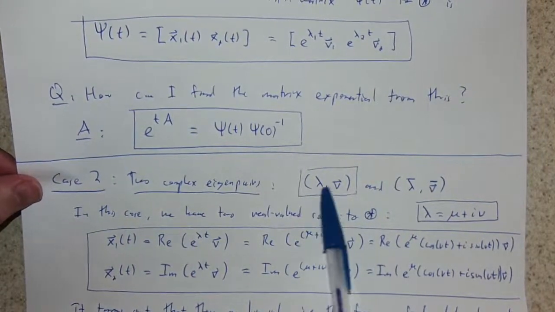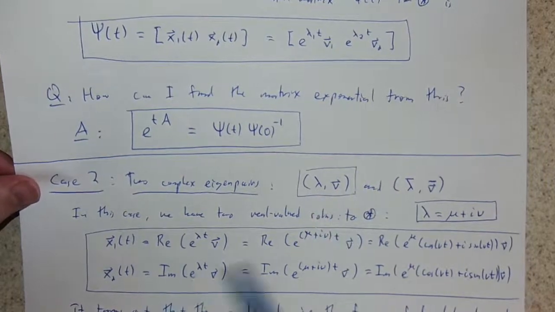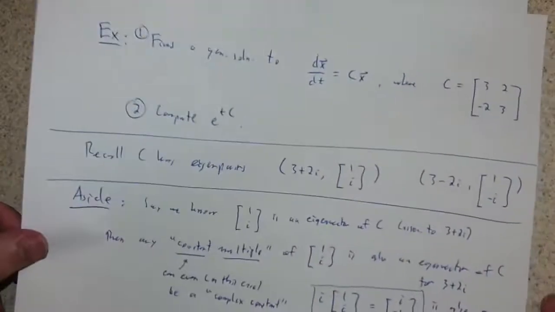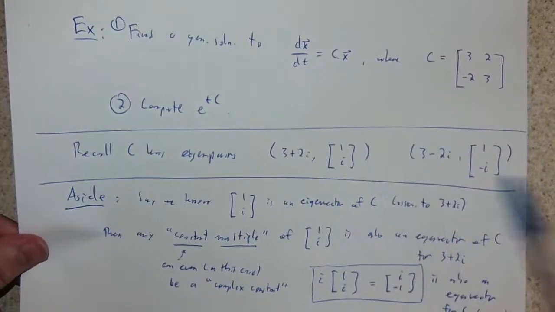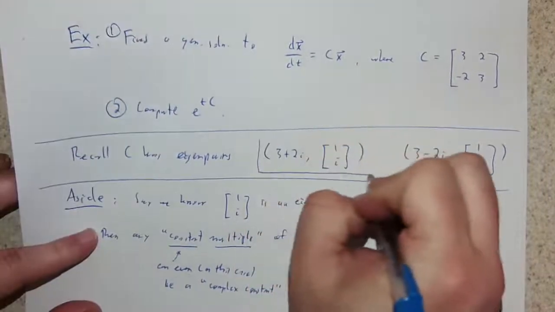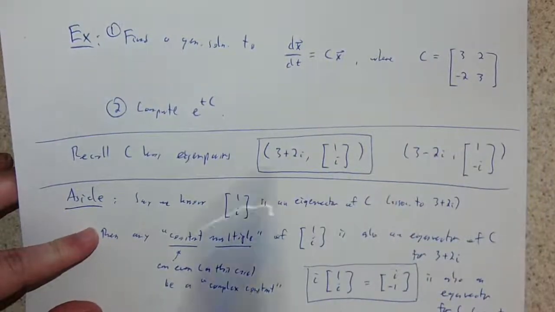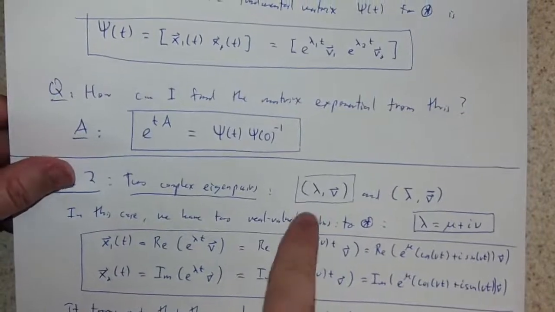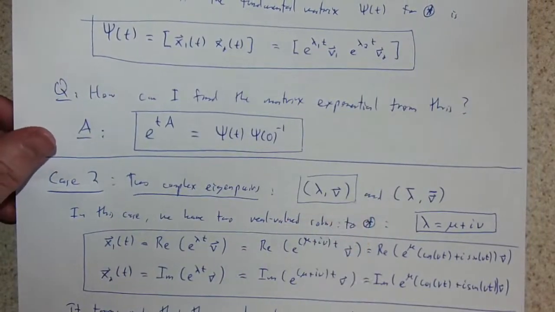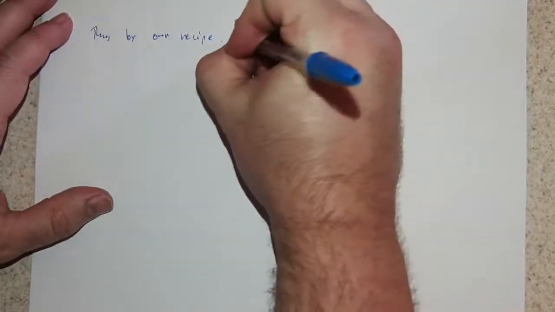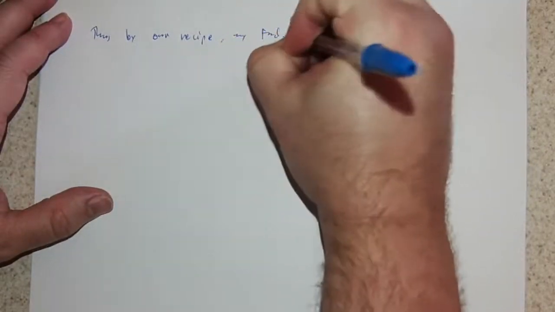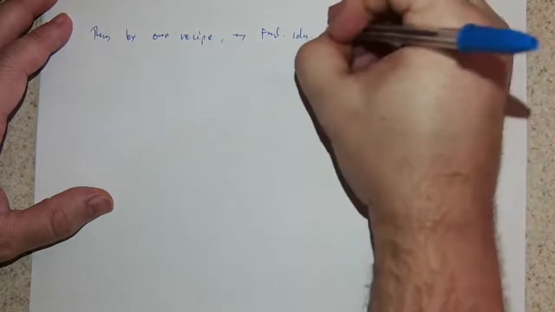Actually, I only needed an eigenpair for one of these to generate my solution. I can use either one of these I want. I'm just going to use this one. So by this recipe, I only need to use one, and we'll say that I'm using 3 plus 2i and 1i.